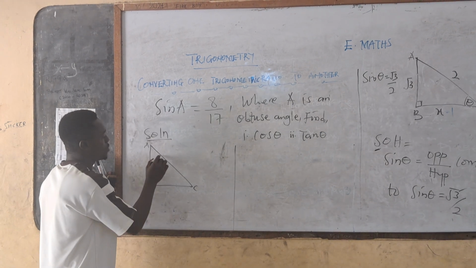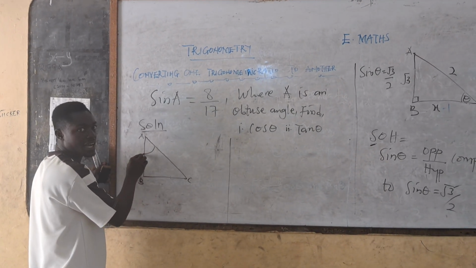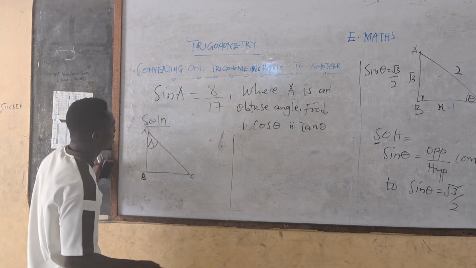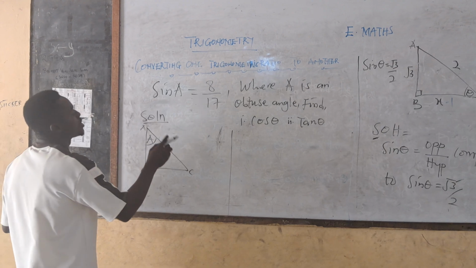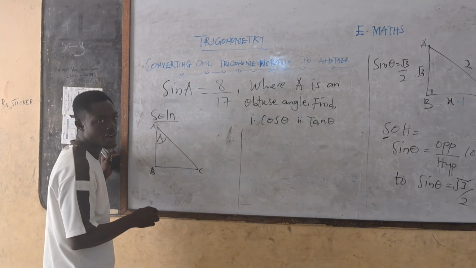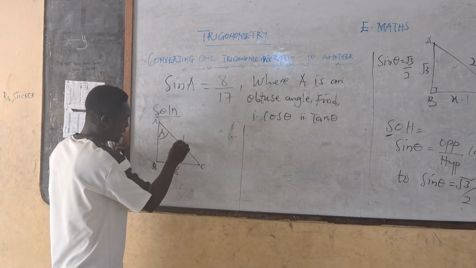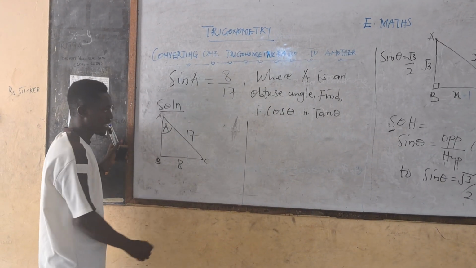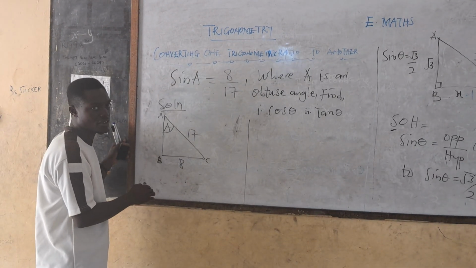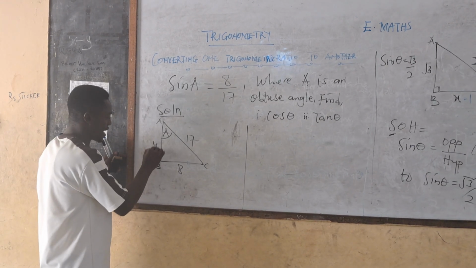I've told you, the first time you put the angle here, so this time around, let's put the angle here, which becomes angle A. Now, we know sine is opposite over hypotenuse. So I have 8, then I have 17. If you have problems with this, you can visit the previous video and get the concept more over there. So we are looking for this side.